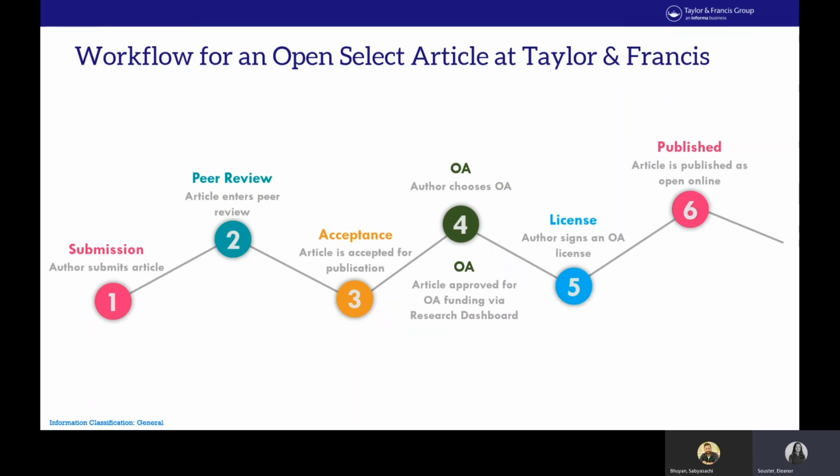At the point that the article is accepted by the journal for publication, the metadata of the article populates your research dashboard account, so you're able to see the visibility of all articles on acceptance. At that point, the author also chooses open access, signs an OA license, and then the article is published online. So that's a very high level overview just to see the flow of how it works.